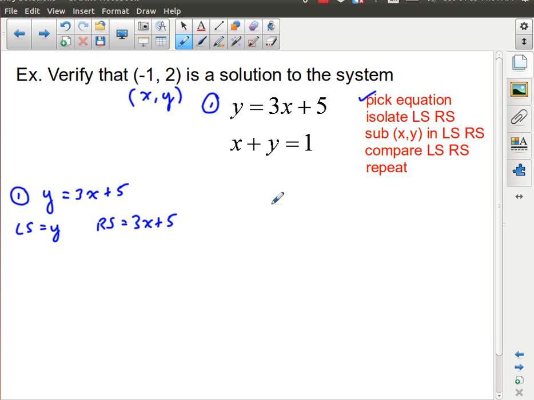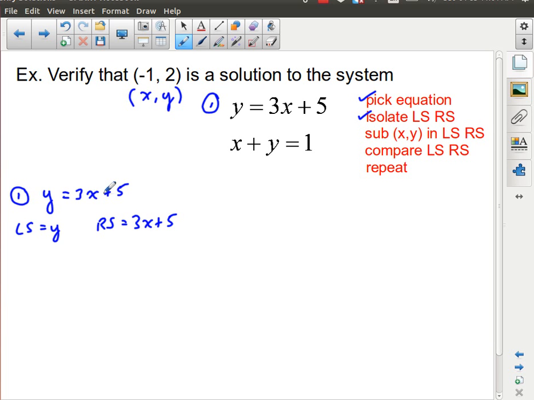And when you are doing a verification like this, you must isolate the left side and the right side. That's non-negotiable. Probably the single biggest mistake that students make when they are verifying a solution is that they try to do it all just using the equation rather than breaking it up into left side and right side.